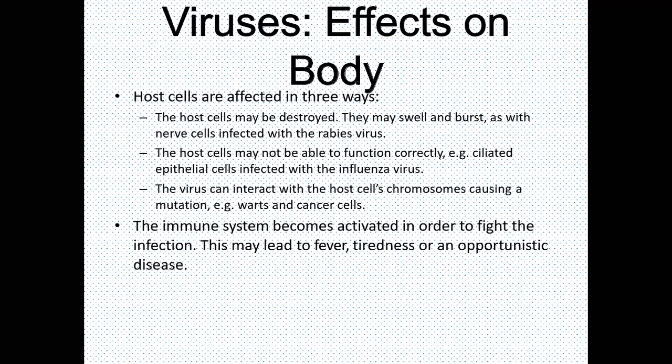Due to this, our body cell where the virus has attacked cannot work properly. Another, the third effect: the virus can interact with the host cell's chromosome, causing a mutation.